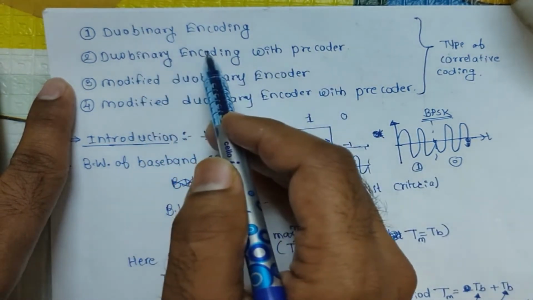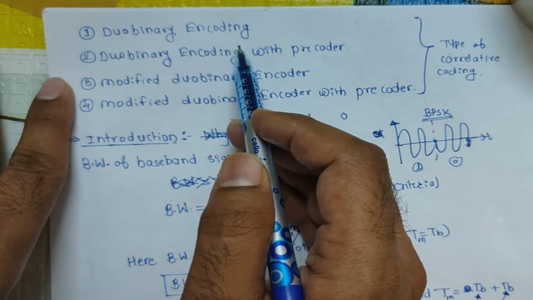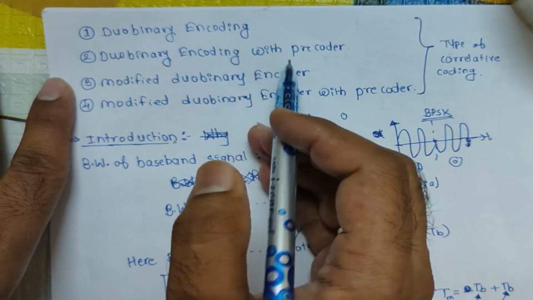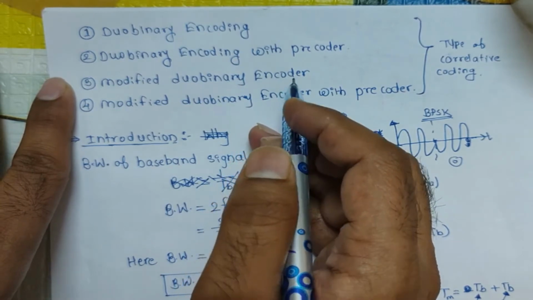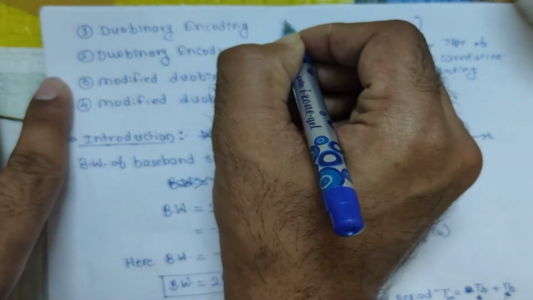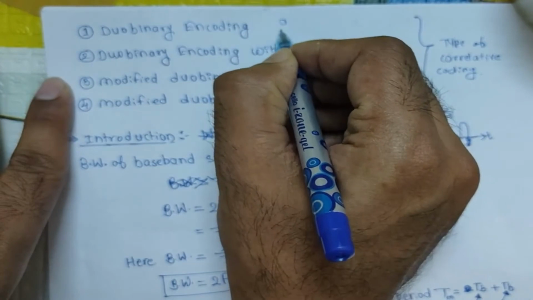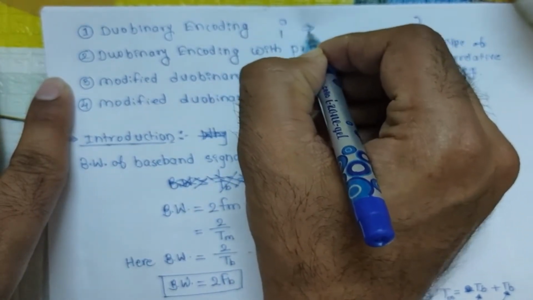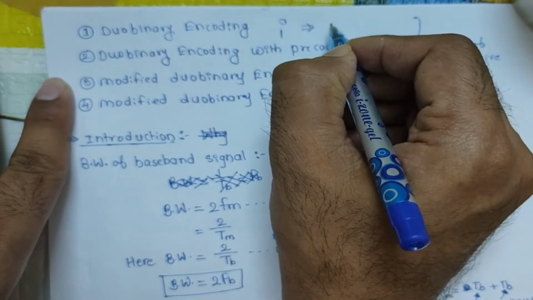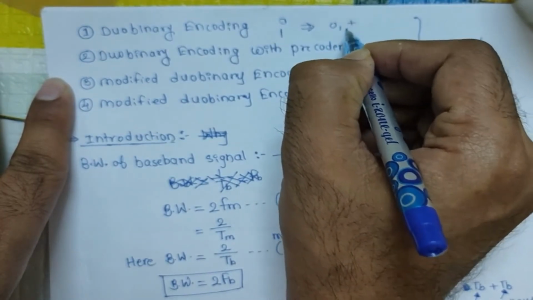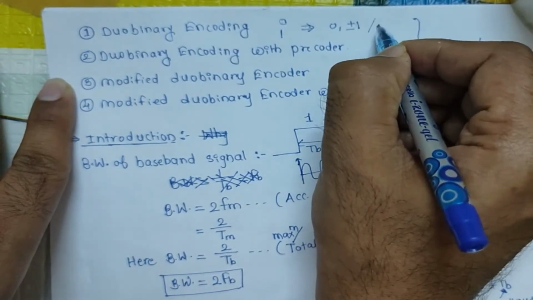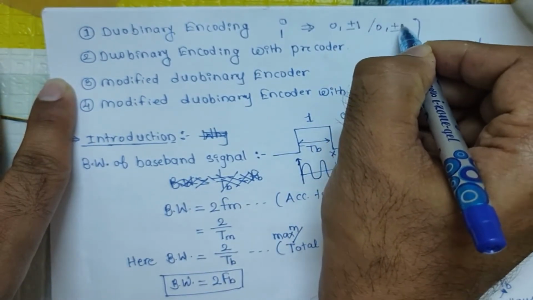Now, what have we defined duobinary encoding as? It is the technique in which an uncorrelated sequence with two levels, let's say level 0 and level 1, is converted into a correlated sequence with three levels: 0, plus or minus 1, or 0, plus or minus 2.